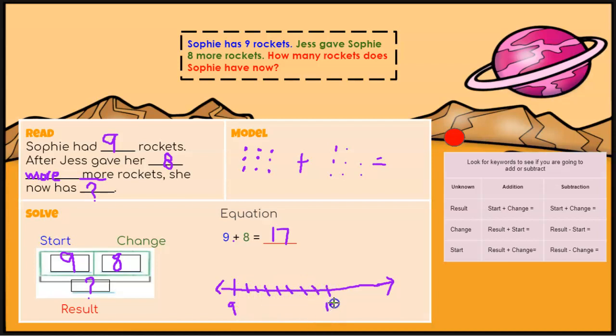So I start here, stop at 17, which gives me the same answer. All right, so now we know that she has 17 stickers.